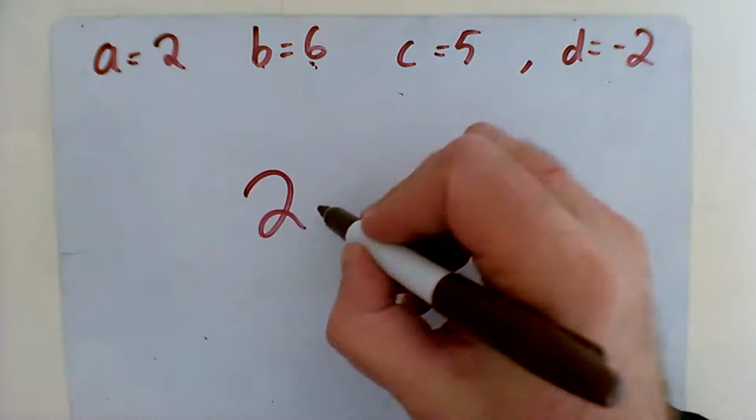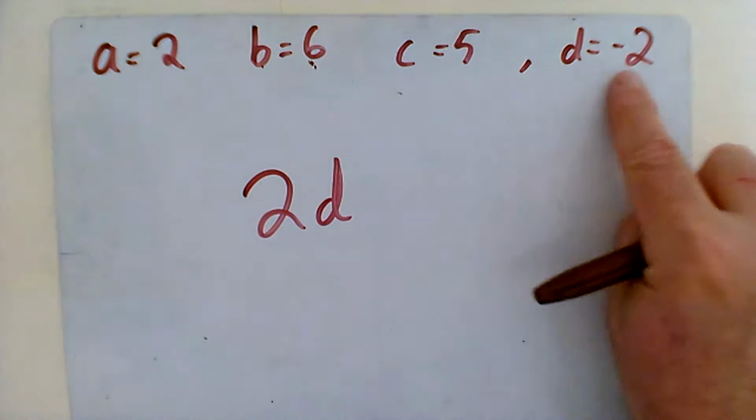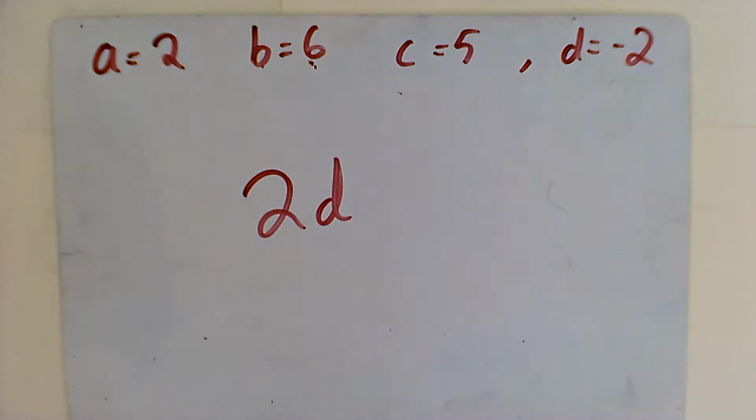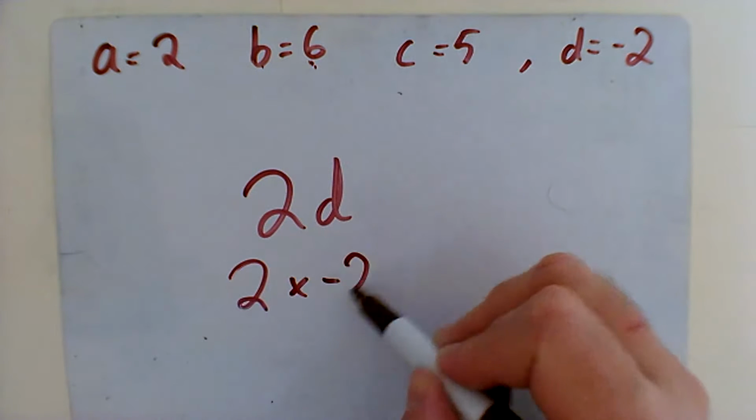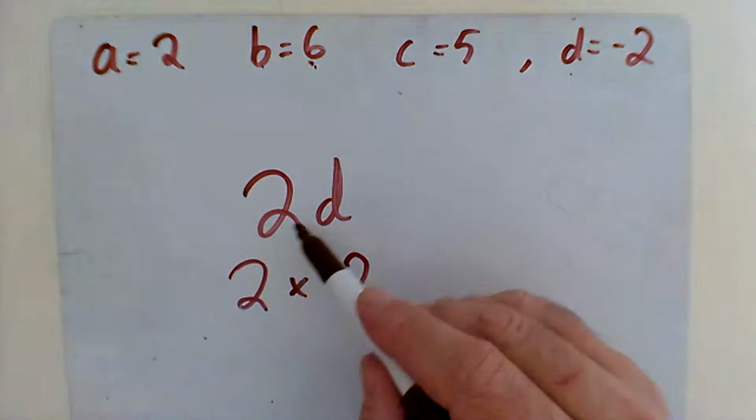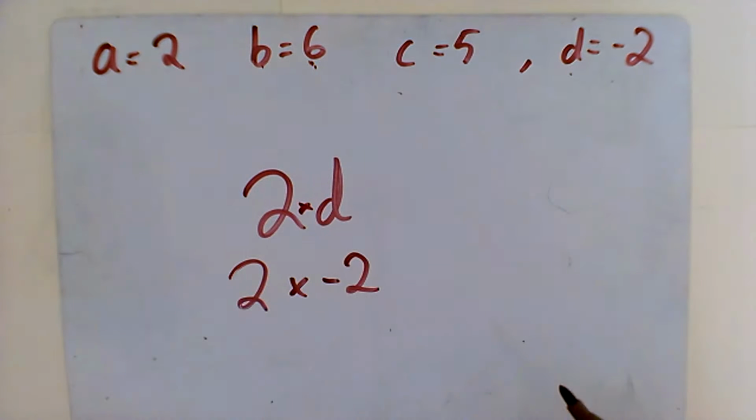What do you think the answer to this one is? 2d. Now d is equal to -2. Have an answer in your head for that one. Okay. Let's have a little look. So we've got 2 times -2, because d is -2, and we've got the invisible times sign, remember, haven't we?